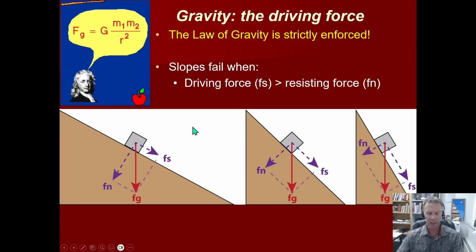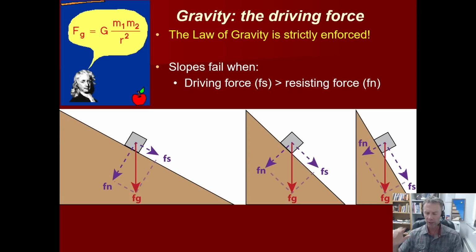So there's this constant balancing act going on with any given slope, even though its angle may not be changing, some of these other factors are changing a little bit.